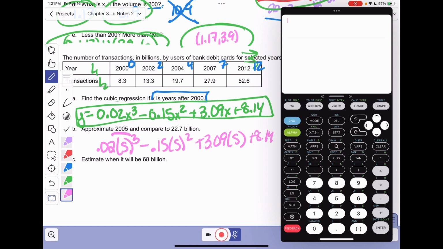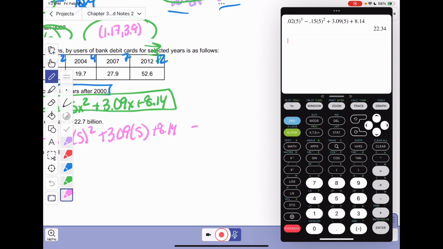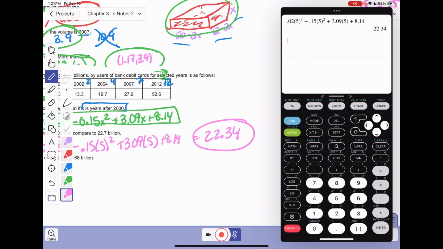So 0.02 times 5 cubed minus 0.15 times 5 squared plus 3.09 times 5 plus 8.14, and I get 22.34. According to the equation, we get 22.34 billion. According to real life, they got 22.7 billion. While our equation was a little off, it's still a pretty good prediction, meaning this probably matches those points pretty well.